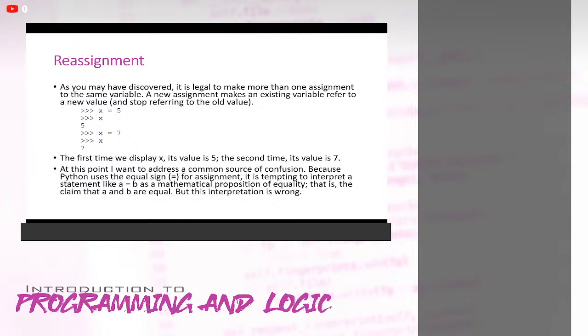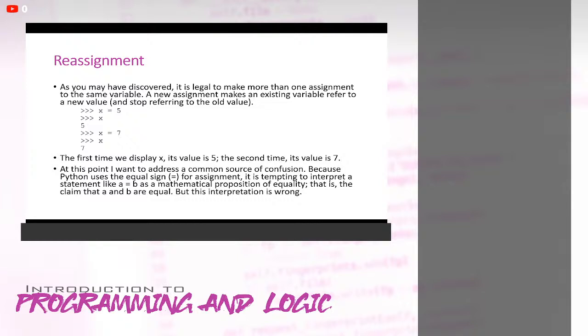When we reassign a value, from the point of reassignment we change the value in that container. From that point into the future, whenever we reference the name on that container, it's referencing the new value.